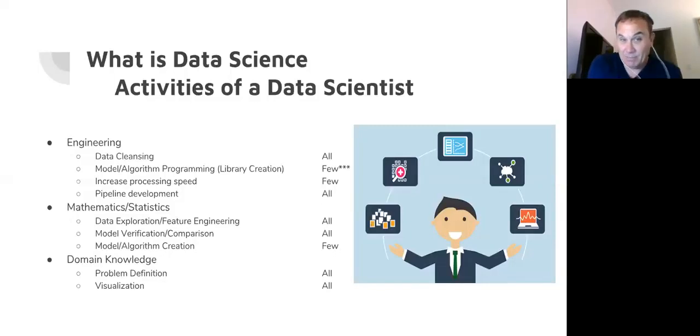Statistics is extremely important for understanding your data, understanding the mean, standard deviation, how skewed your data is, how you can make it good and ready for a model. What kind of data feature engineering, what kind of data manipulation you need to do. Evaluating your models requires some statistics.